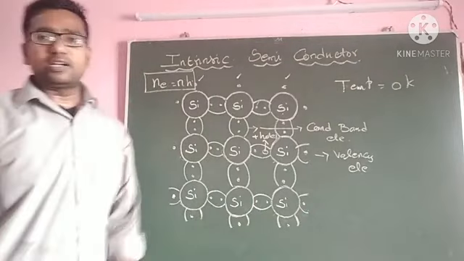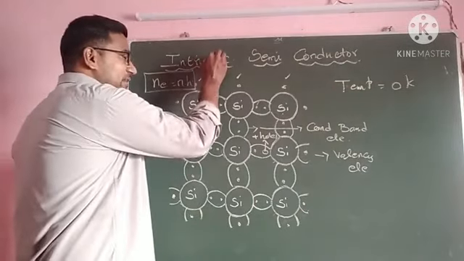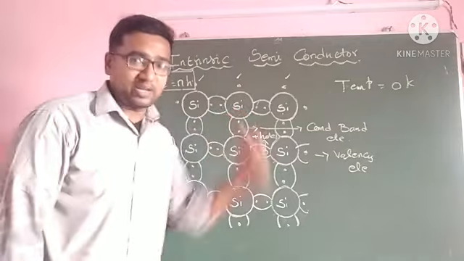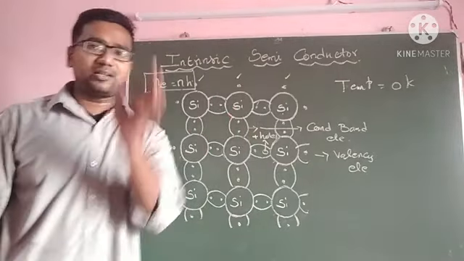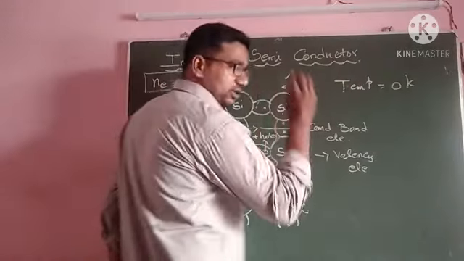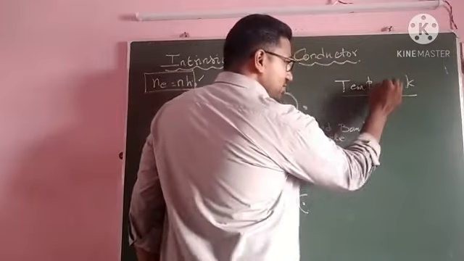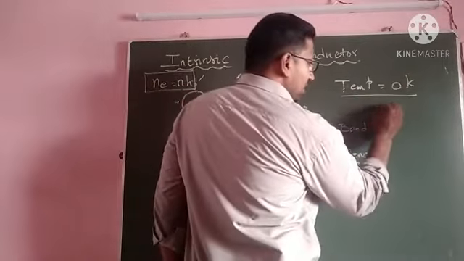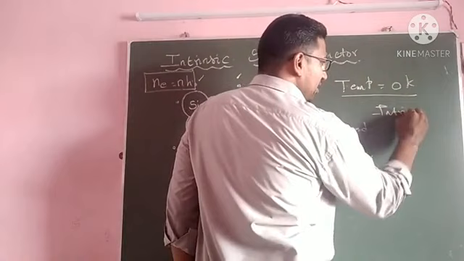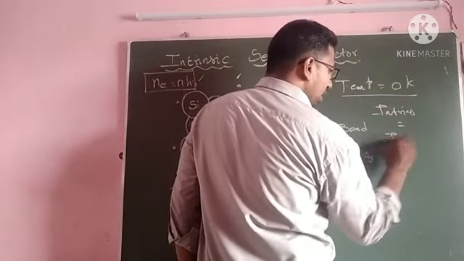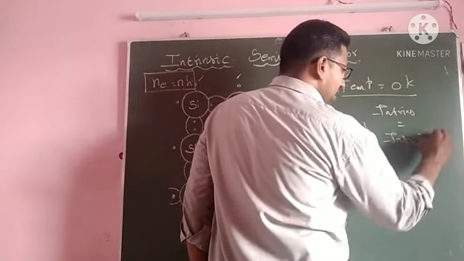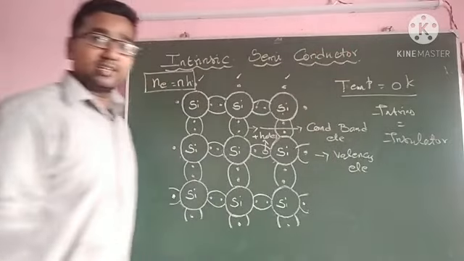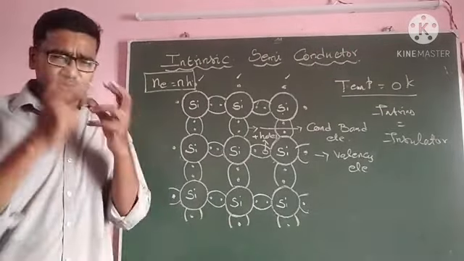Suppose the temperature is considered as 0 Kelvin. At that particular temperature, the intrinsic semiconductor acts as a perfect insulator. This is one more question. At 0 Kelvin, an intrinsic semiconductor is equivalent to an insulator, because insulators also have tightly bound electrons and there are no charge carriers.